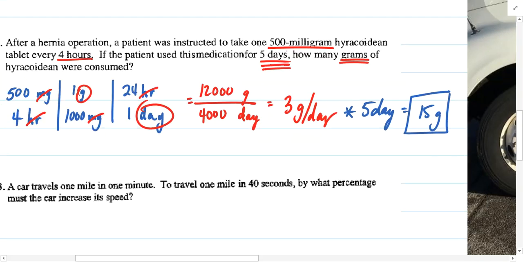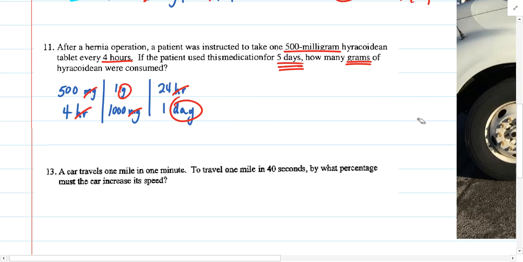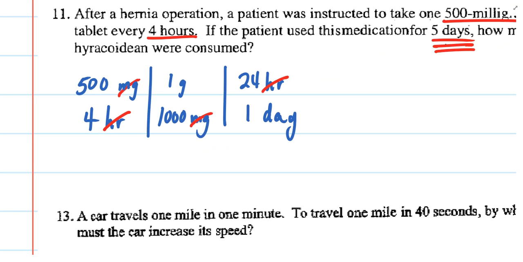Now, one other thing that I'd like to point out with this T-chart is that we could have actually completed this conversion that I've written in blue over here at the same time that we were building our T-chart from before. So again, the idea about these T-charts is that we build them so that we get units to cancel.